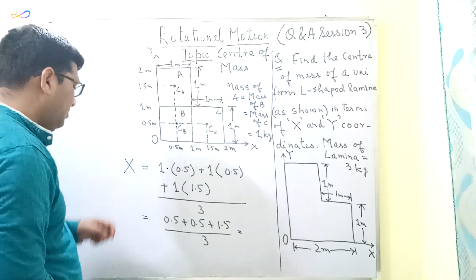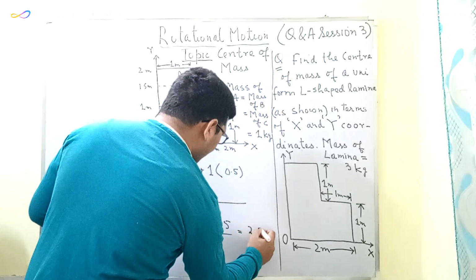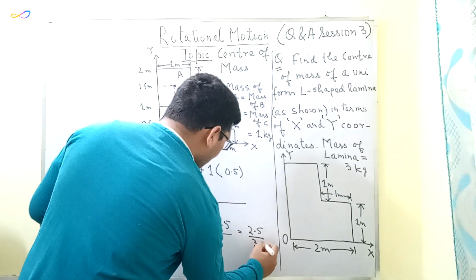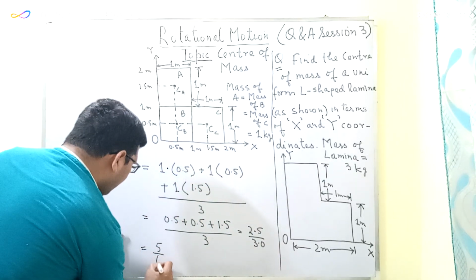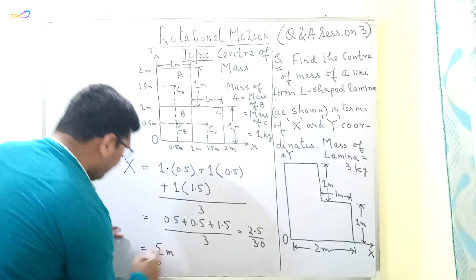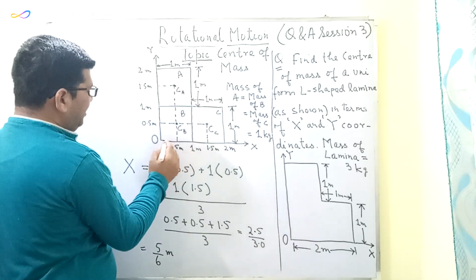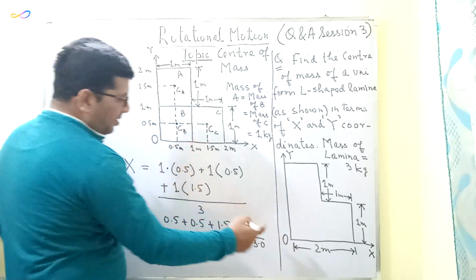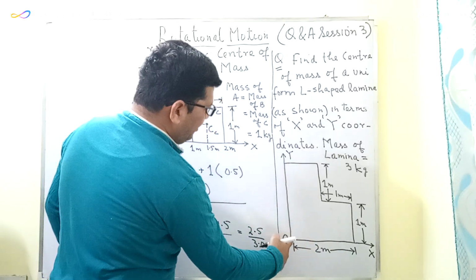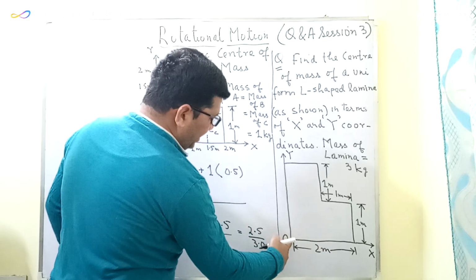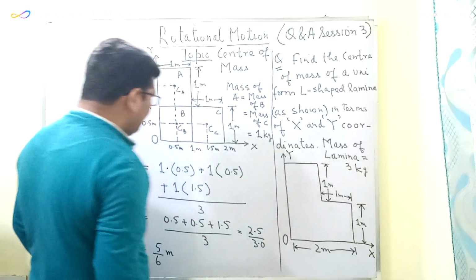So this is equal to 2.5 by 3, and this can also be written as 5 by 6 meter, because the total length of this lamina along the x-axis is 2 meter, and the length of this lamina along the y-axis is also 2 meter.